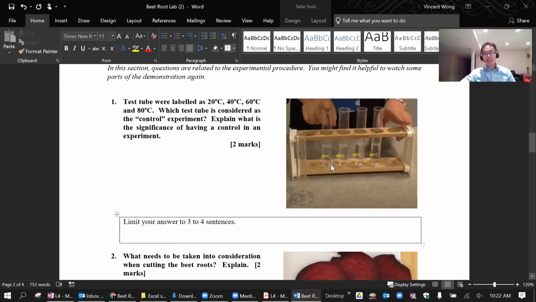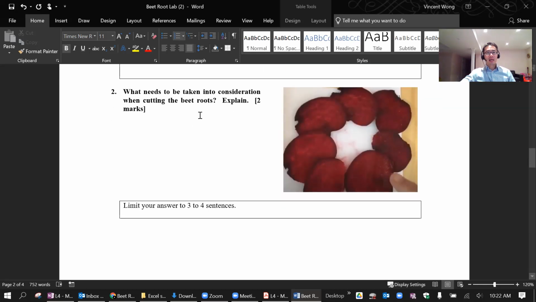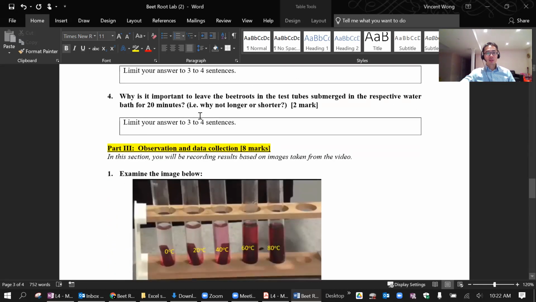Is it the 20 degree? Is it the 40, the 60, or 80? Make your choice. And then explain to me why we need to have a control in an experiment. If you don't remember what a control is, revisit the first lecture. So you answer both of these parts to get 2 marks. And again, these are self-explanatory.